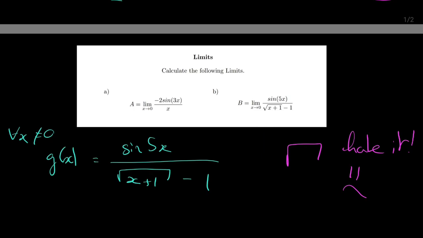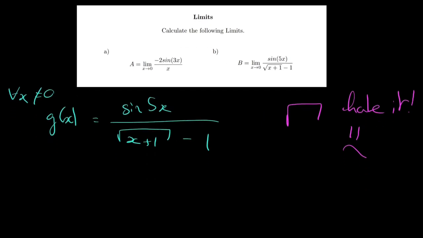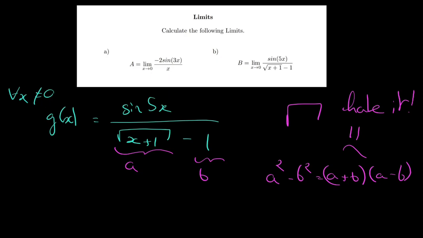So how do we get rid of the square root? We use this identity: a squared minus b squared is equal to a plus b times a minus b. And here I can identify this as a and this thing as b, and get rid of both by multiplying at the bottom and at the top by a plus b.